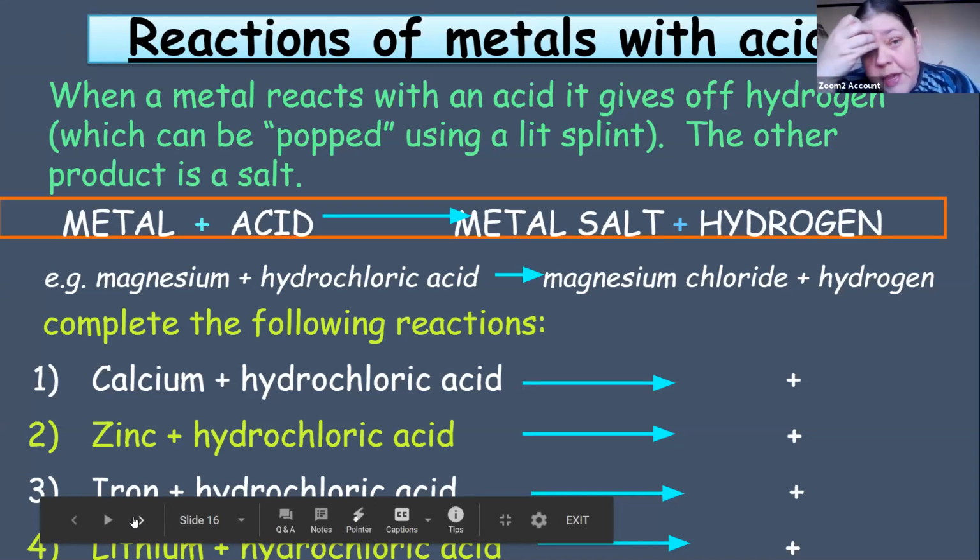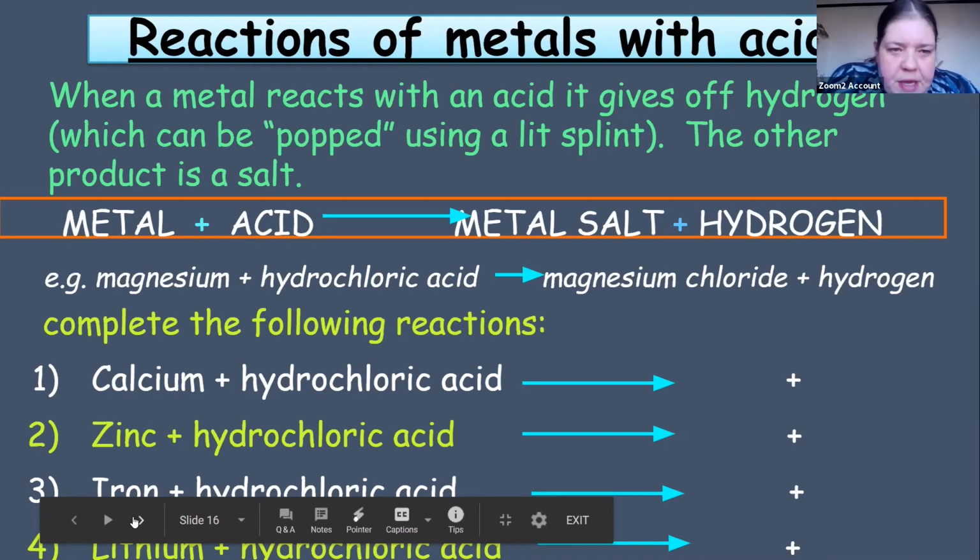It is going to be a case with these of, unfortunately, learning the 4 reactions and what they make, which is why I would say flashcards on these 4 main reactions, maybe with an example of each one, and then how you name the salts from the acids. That would be a really key thing to go away and do, which is why I did put flashcards on the list of to-dos.